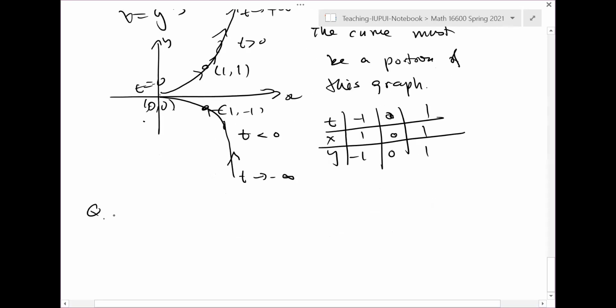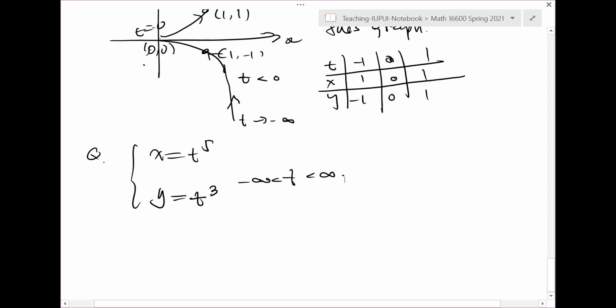All right, the second one, here's another similar one. It doesn't matter which one you want to solve for. You can solve for t from the first equation, and then put it into the second equation, t cubed, x to the 1/5.